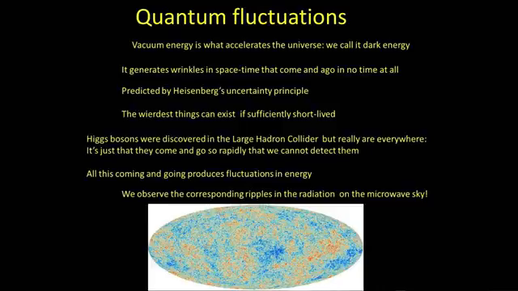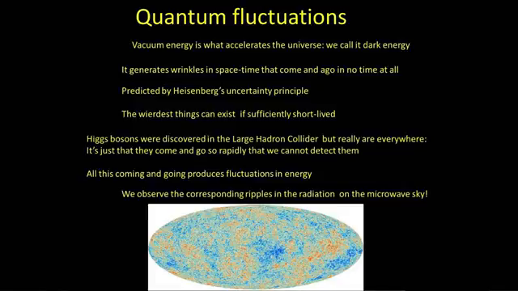And the reason that we're so sure that this is the explanation is that when we look at this wonderful picture taken with the Planck satellite of the microwave background, this is the radiation from the beginning of the universe that last comes to us and fills up the whole sky. It's one of the most important bits of evidence for the Big Bang.